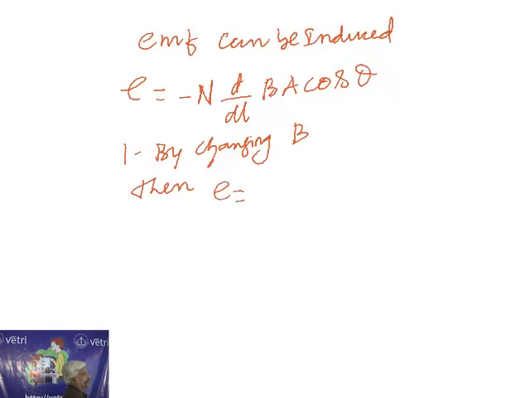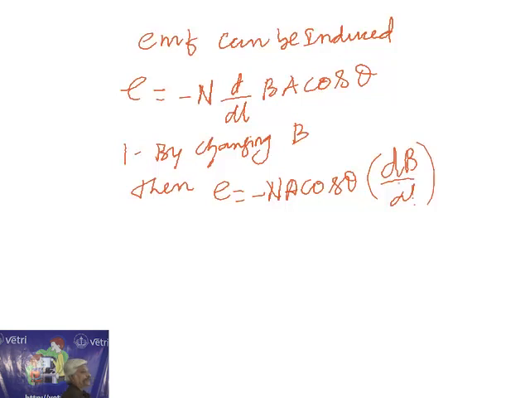E is equal to minus N, I take A cos theta out, times B d by dt. This is the first way. So if you are changing the magnetic field or magnetic induction, we can obtain the EMF. Therefore, EMF can be induced by changing the magnetic field.